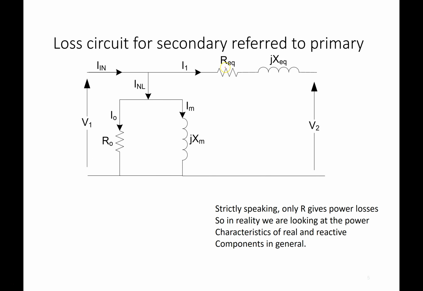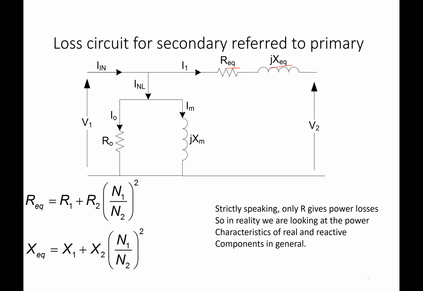So when I bring that to the primary side, I will have R equivalent, which is R1, the primary side resistance, plus R2 multiplied by N1 on N2 squared. And similarly, X equivalent is X1, which is the primary side, plus X2, which is the value on the secondary side multiplied by N1 on N2 squared.